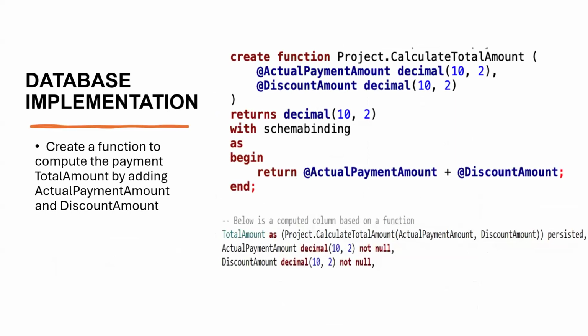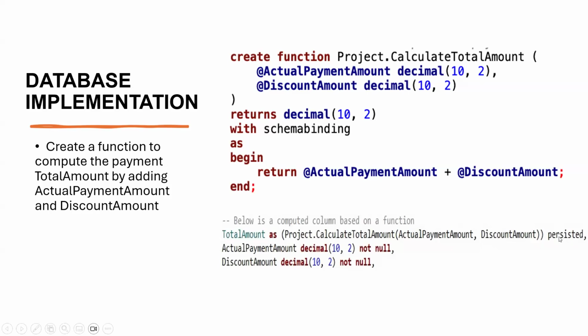As you see here, it's total amount as project calculate total amount function, which is adding actual payment amount and discount amount. Then every time a payment record is inserted, the total amount will be automatically generated. And you see here at the end of this total amount, there's PERSISTED.